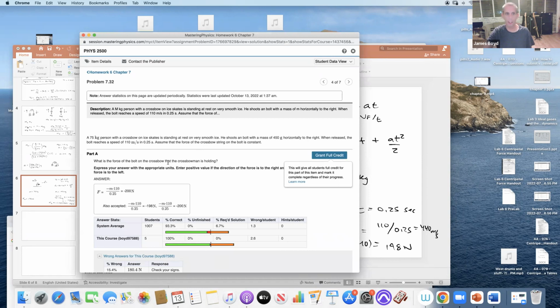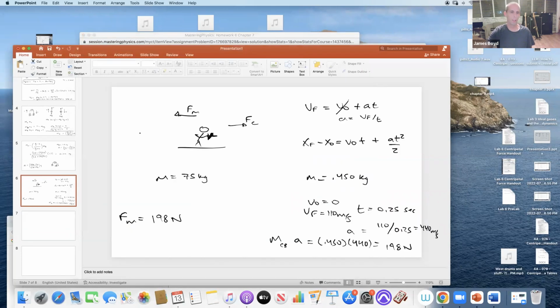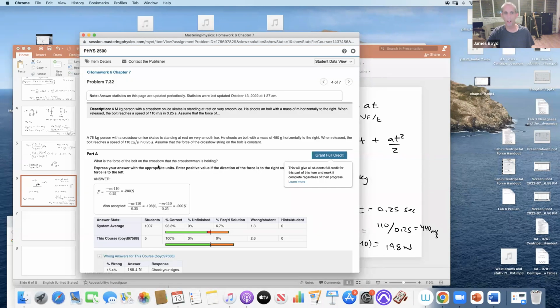What is the force of the bolt on the crossbow that the crossbow man is holding? Now, the force on the crossbow due to the bolt. As the bolt fires, it actually pushes back. You can think about this like in the movies when you see someone shoot a rifle and it kicks back into their shoulder.